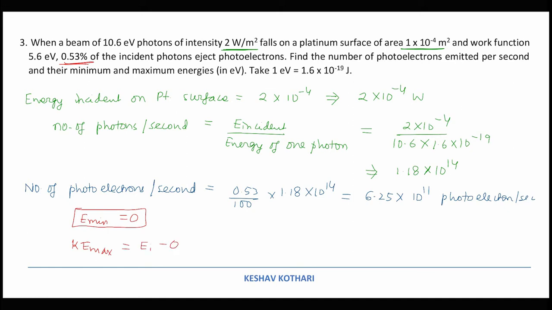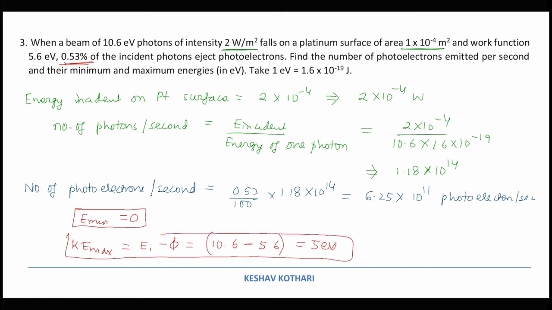So incident energy minus work function can be written as 10.6 minus 5.6. So we obtain a value equal to 5 electron volt. So all the emitted photoelectrons can have energy ranging from 5 electron volt to 0 electron volt. This is the maximum possible kinetic energy, and the minimum possible kinetic energy is 0.